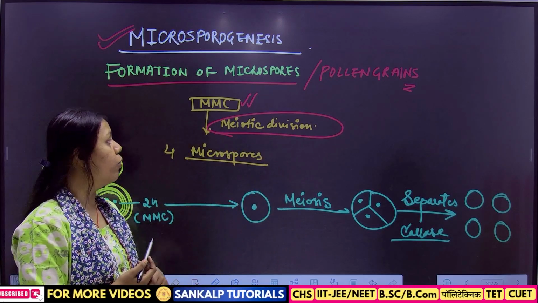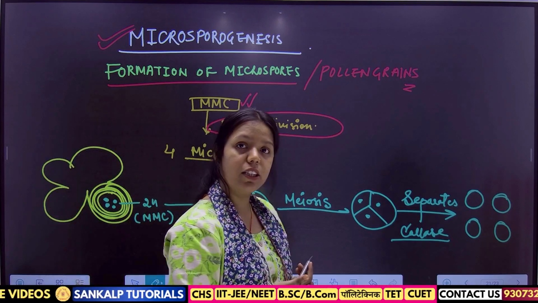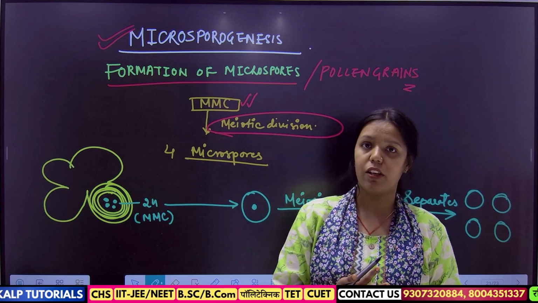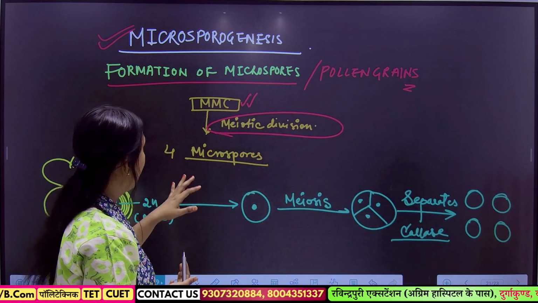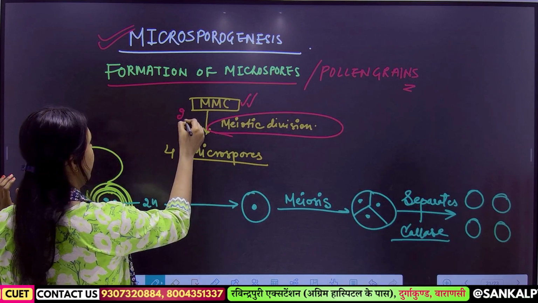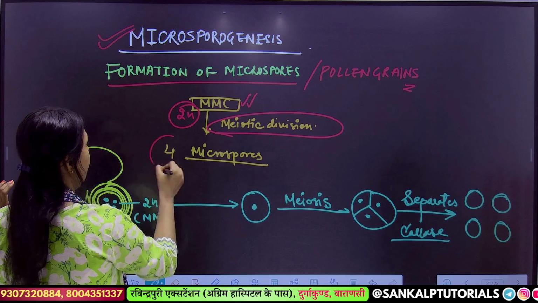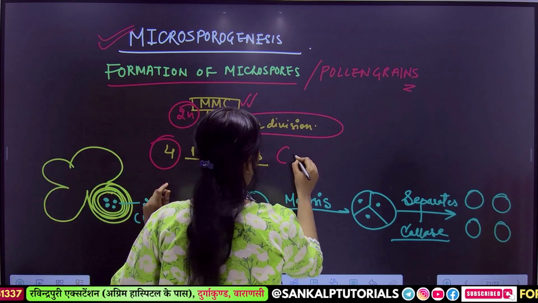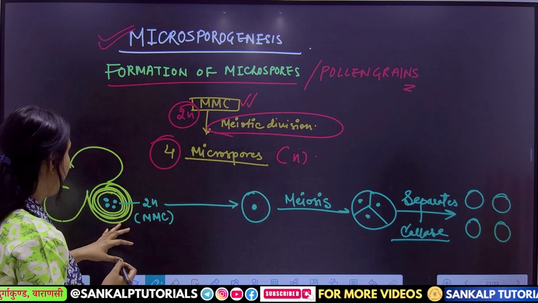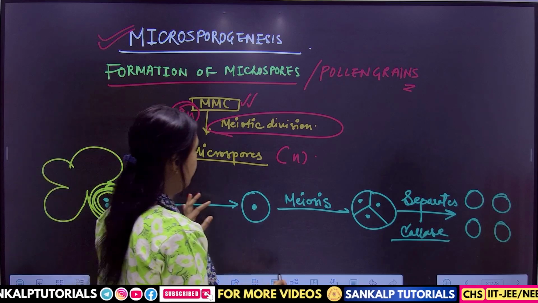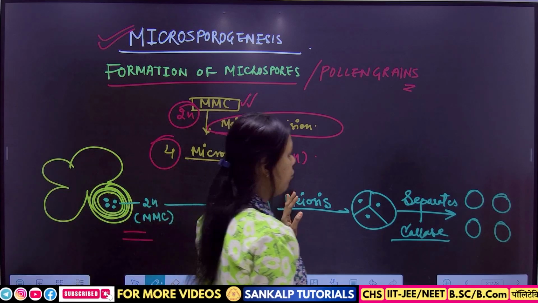As you all know, in meiotic division, four cells are formed which contain half the number of chromosomes. So the microspore mother cell, that is 2n, divides into 4 microspores, and ploidy is n.